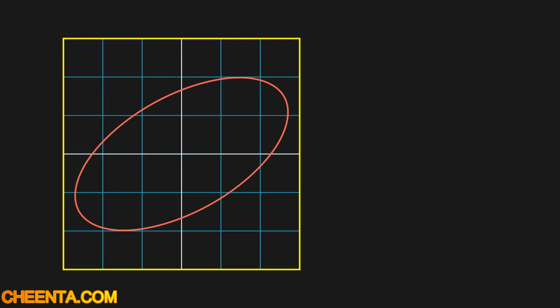As already told, this is our set K, and A is any random point inside this set K. As it is random, let me write down the coordinate of A, which is (x, y). Now we will draw the position vector of the point A, and let's name the origin O. Here it is.